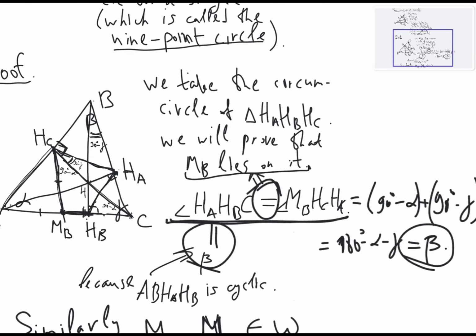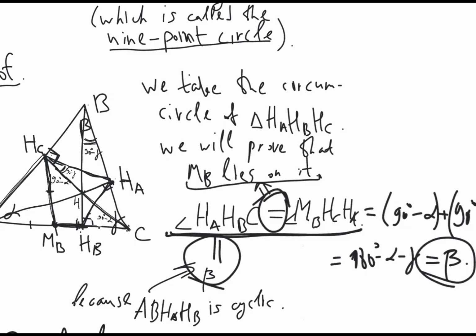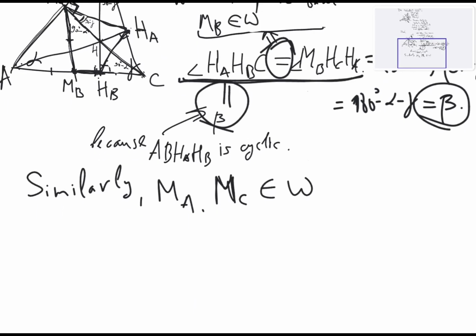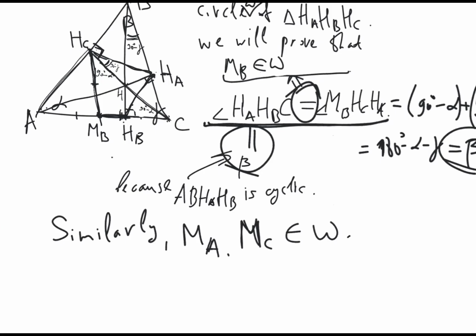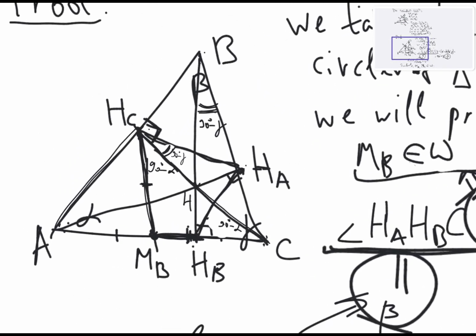So we take the circumcircle omega of this triangle, and now we proved that MB lies on omega, and similarly the other two midpoints, MA and MC, also lie on omega. So because of the symmetry, right? So now 6 points lie on this circle. Now we need to prove that the other 3 points lie on the same circle.